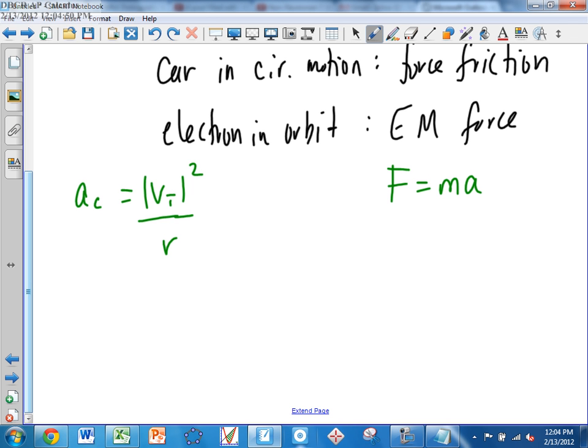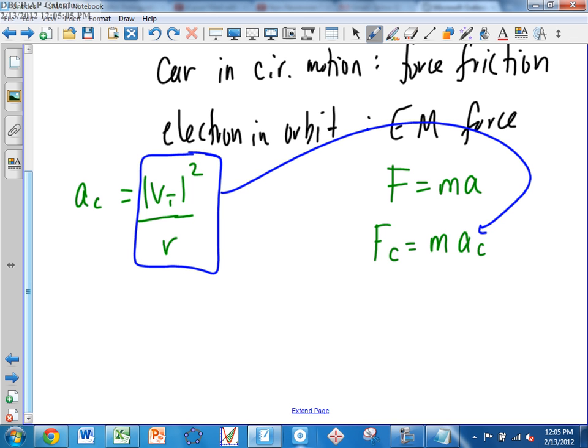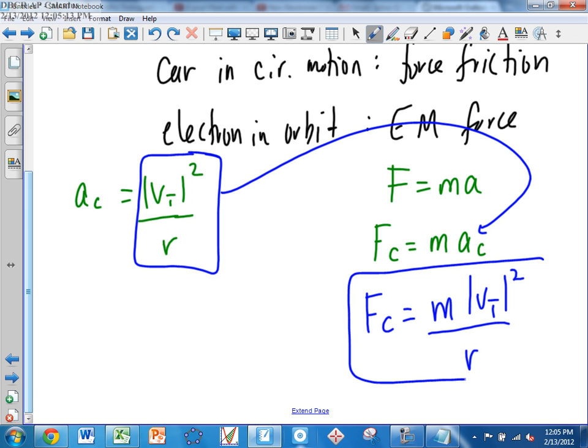So centripetal force equals mass times centripetal acceleration. I'm just calling them both centripetal. Now, take this next thing and replace it in a_c. So centripetal force is really m times Vt squared over r.